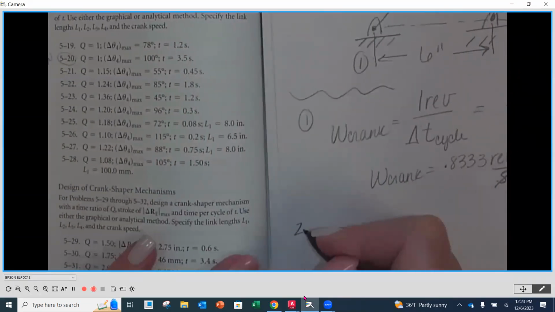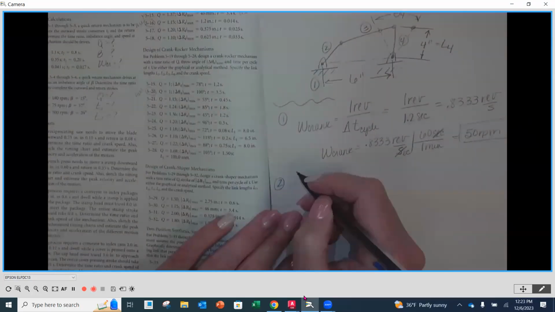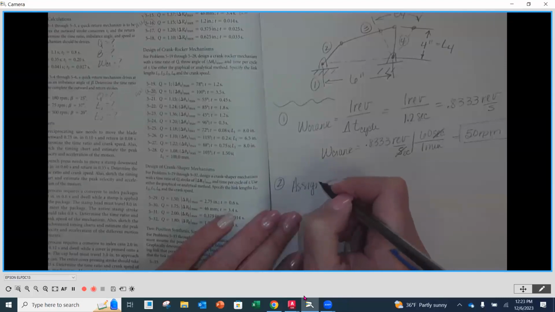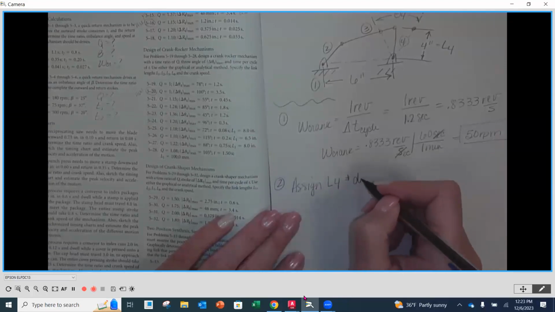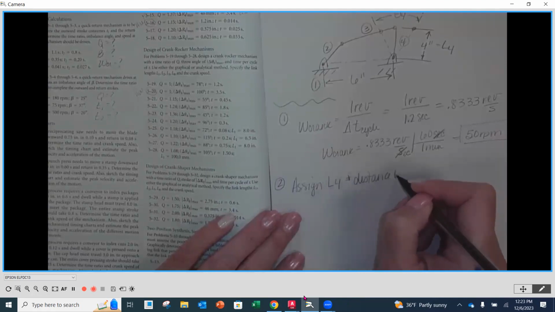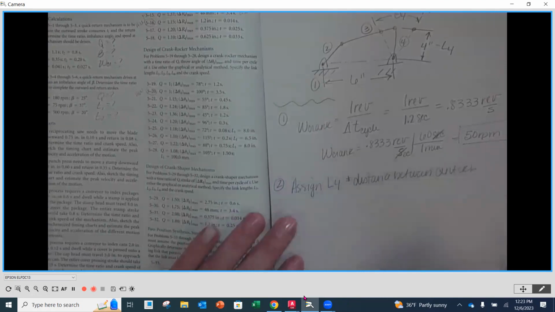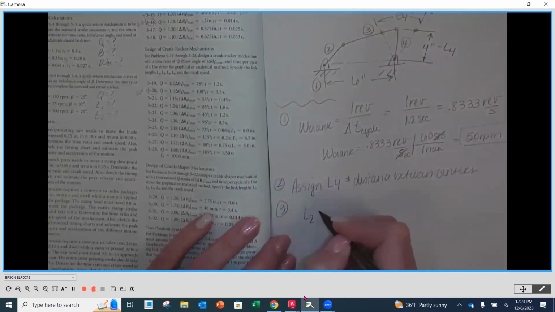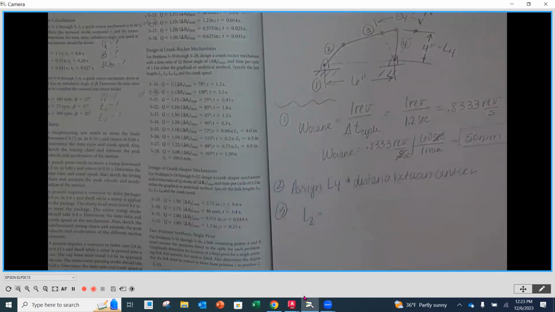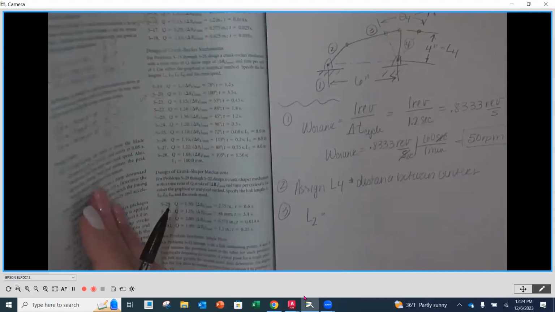So my step number 2 here is, you're going to assign L4 and the distance between centers, which we just did. Then our step number 3 here is we're going to calculate L2, and we're going to use that equation that we just saw.